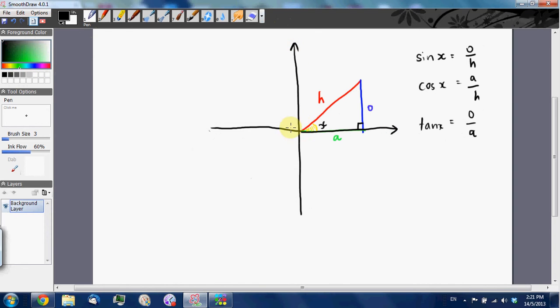Any number on this yellow line is positive, where the yellow axis is positive. So for example, this can be 1, 2, 3, and goes up. Similarly, this is maybe 1, 2, 3, 4.